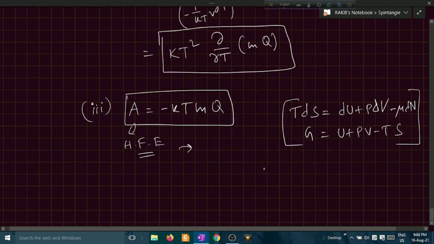For example, you can obtain the enthalpy H, and U minus TS is this A. In the very next lecture, we will be discussing various problems. I will give some problems, and you have to calculate the partition function for each and every problem, and we will do some important questions on how to deal with them.